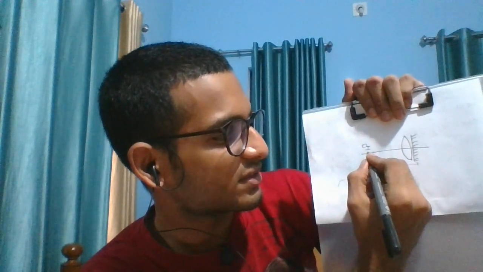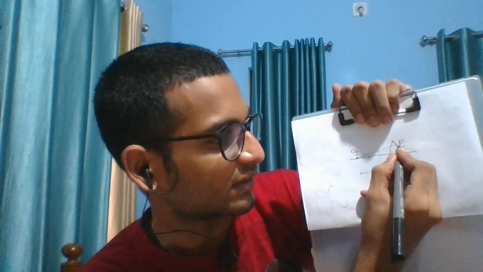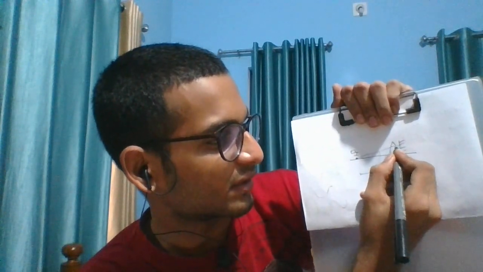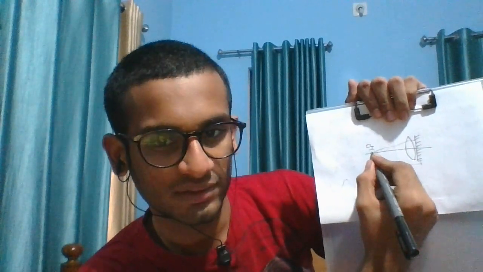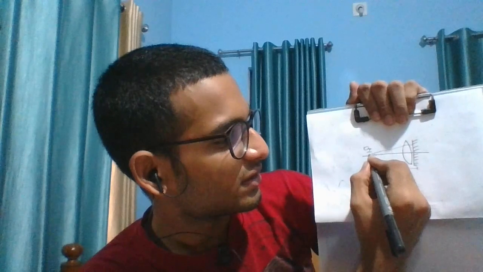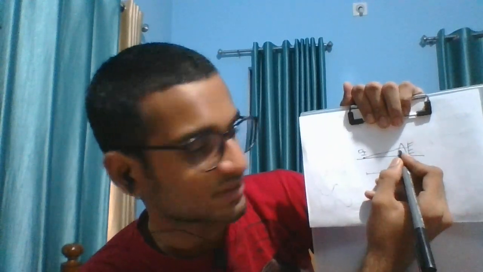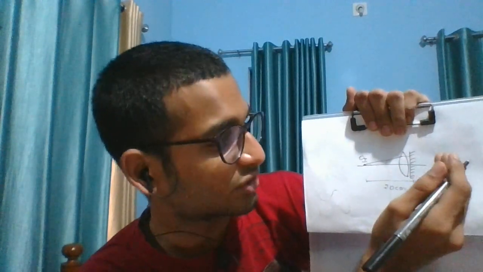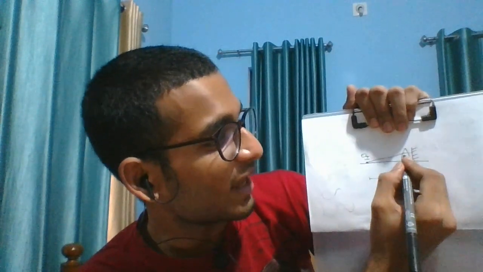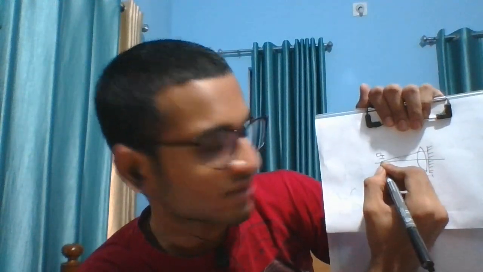Imagine that light rays go, get refracted, hit the plane mirror, then come back to the convex lens, and then the image is formed at the same place as the object.